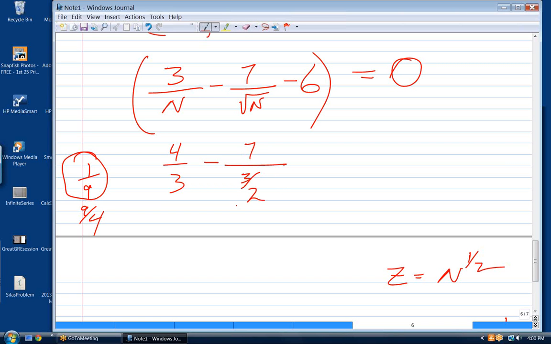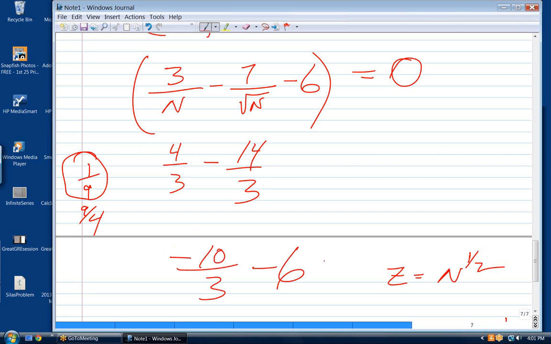And what is then 7 divided by 3/2? 14/3. What's 4/3 minus 14/3? 10/3. Plus or minus? Negative. Negative 10/3. So negative 10/3 minus 6 does not equal 0. So this is not a solution.